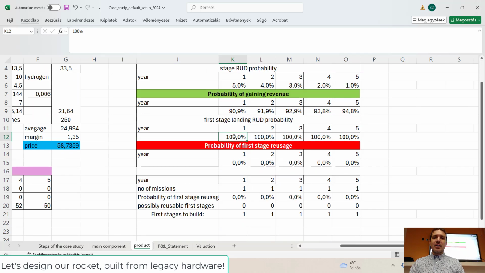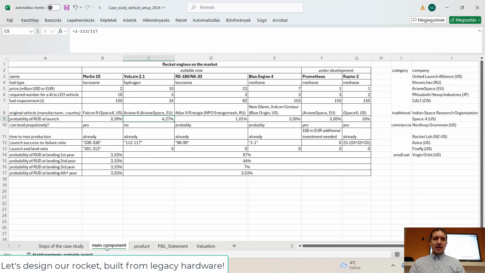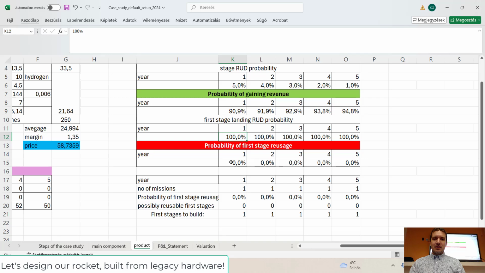Okay, right now what we can see here is the probability of non-recovery. So right now it's set to 100. If we are able to solve it, then obviously these numbers will be coming up. But right now, let's see what happens if we are not recovering anything.